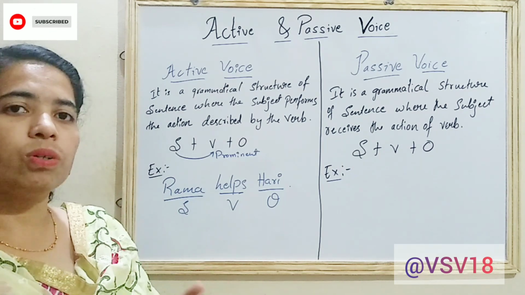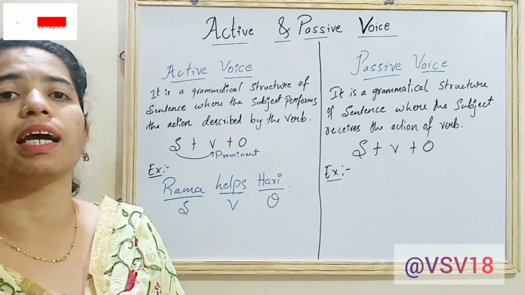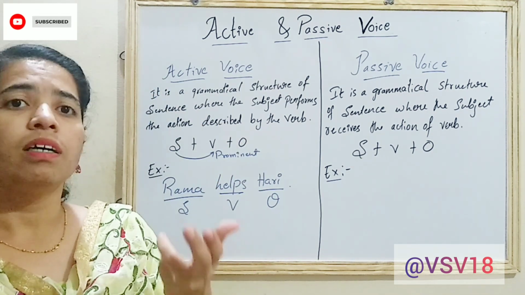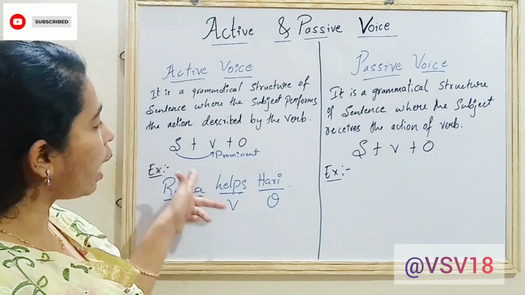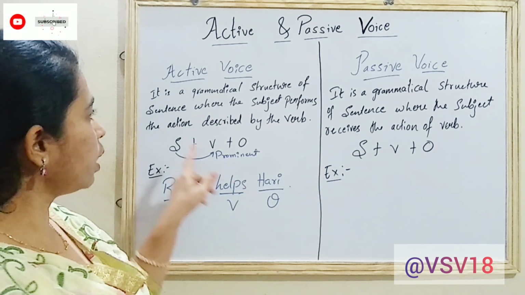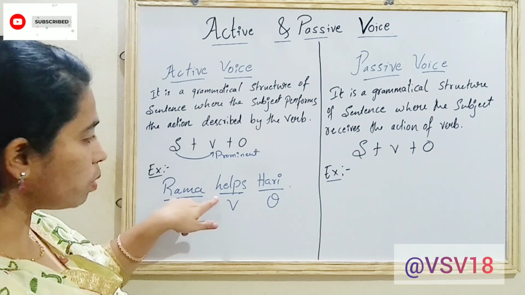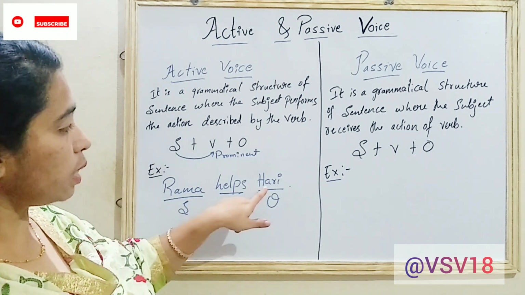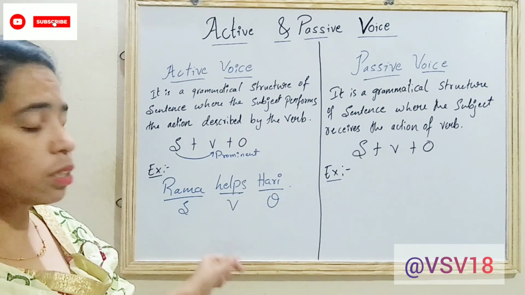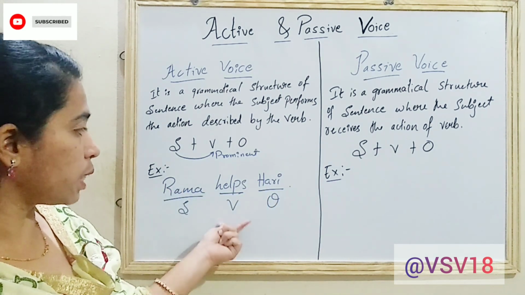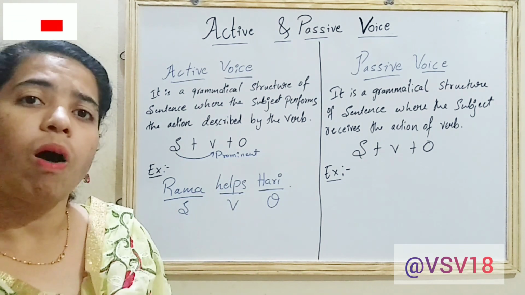So once again I am going to repeat what an active voice is. Active voice is a grammatical structure or frame of a sentence in which the subject directly acts on the object. The subject performs the action described by the verb. Help is the verb here. The subject is acting on Hari. The subject is helping the object. So what is subject? Rama is subject. What is verb? Help is verb. And what is Hari? Hari is the object.